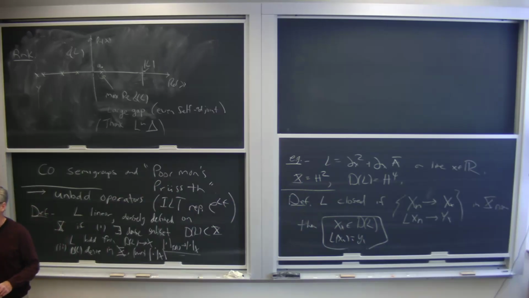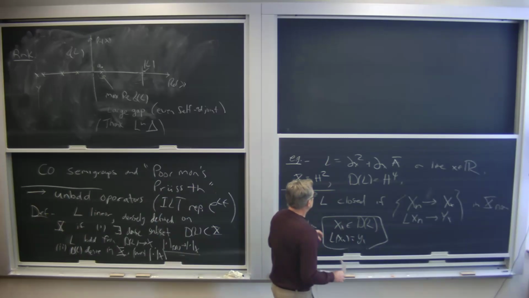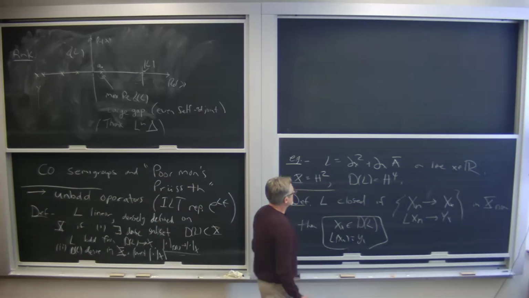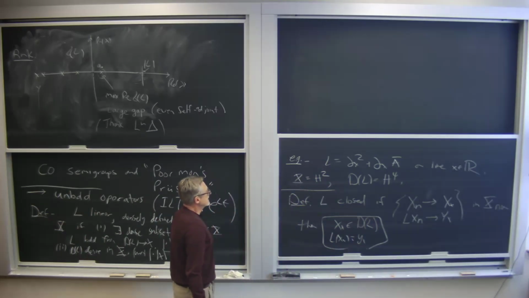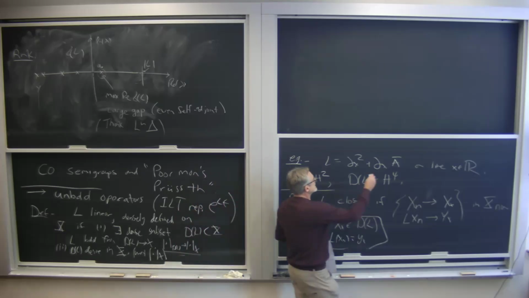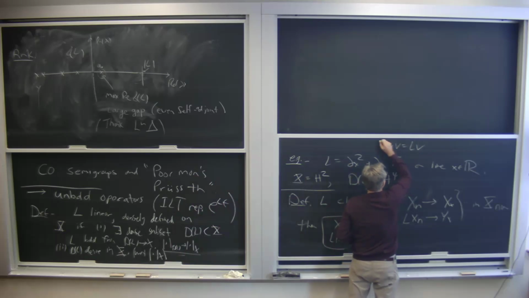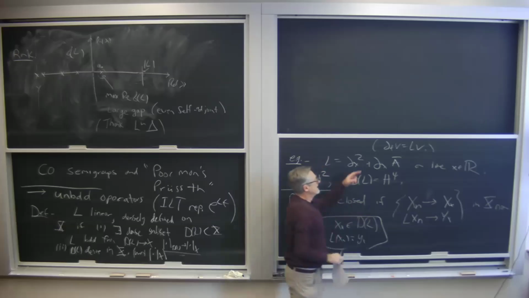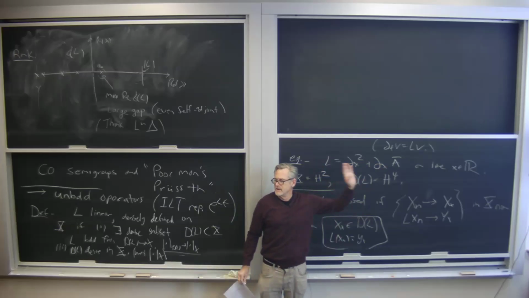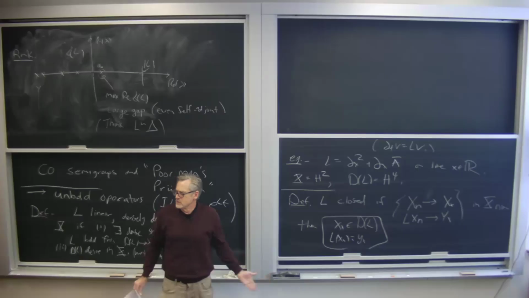Choosing the domain to be H4. What of H2? Well, I could also, I suppose. Let's see. But you see, I have in mind dtV equals LV. I have in mind this equation. I want that to very obviously hold as a strong solution in L2.